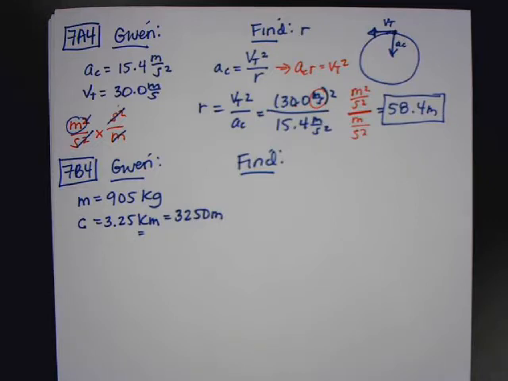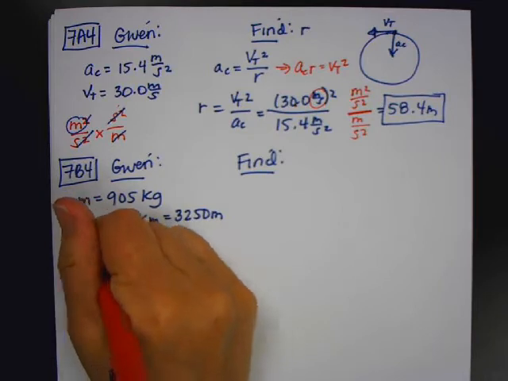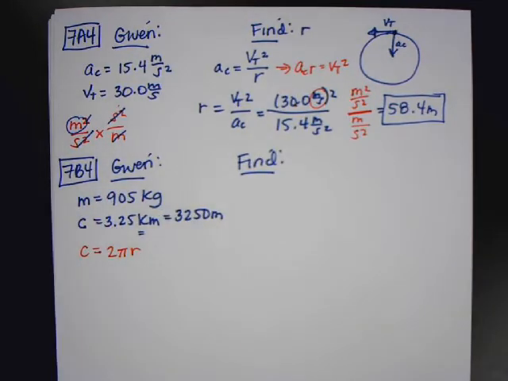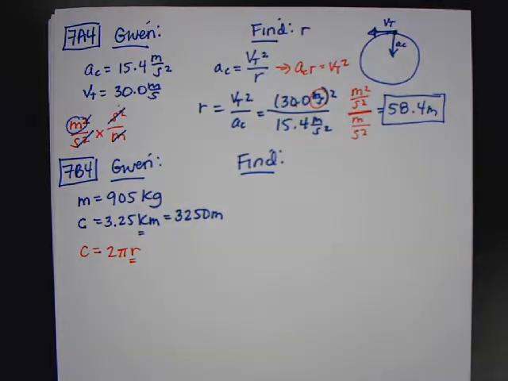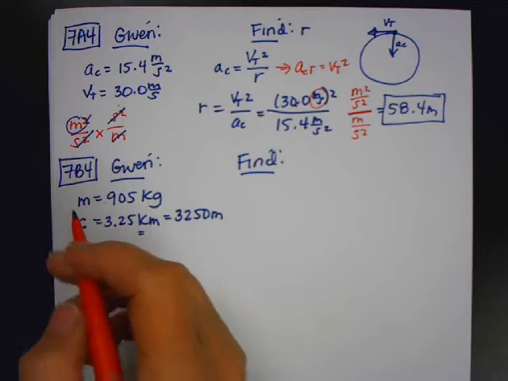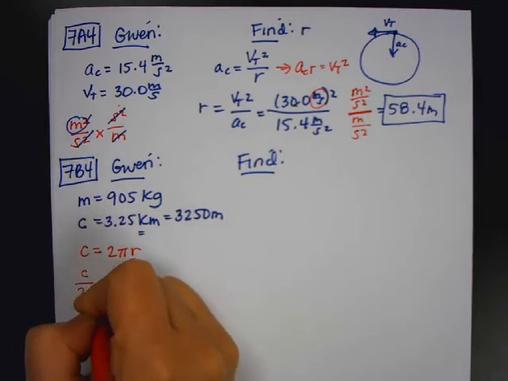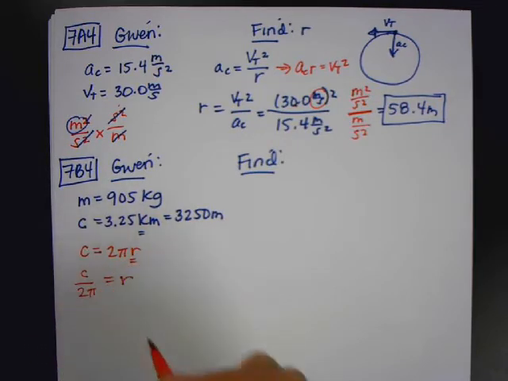Now, thinking about it, I know none of my equations have circumference. So I'm going to say to myself, what do I know about circumference? Well, I know circumference is equal to 2 pi r. And I know that I'm going to end up needing the radius. So I'm going to rearrange this equation and say c over 2 pi is equal to r.